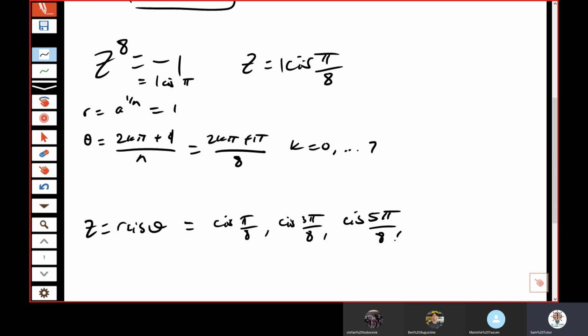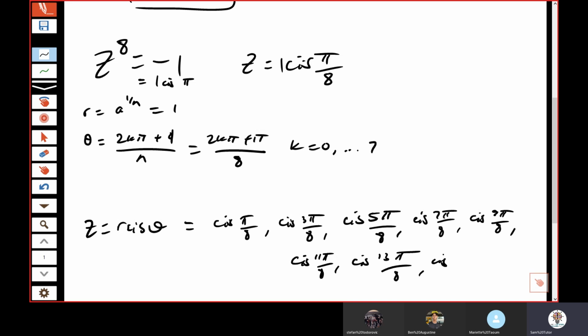It's gone up by 2 pi, which it will always be doing, because you're always just going to add an extra 2 pi to anything you have. So cis 7 pi on 8, that's 1, 2, 3, 4 solutions, 5 solutions, and I think you guys get the idea. Right, Mariette? There you go. That's 8 solutions right there for my 8 Z values.